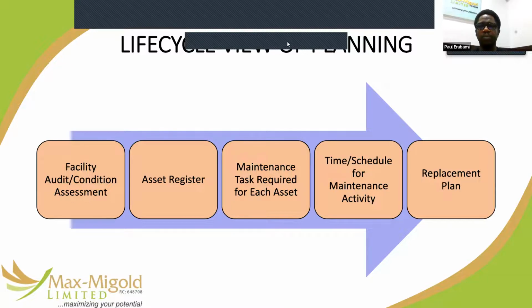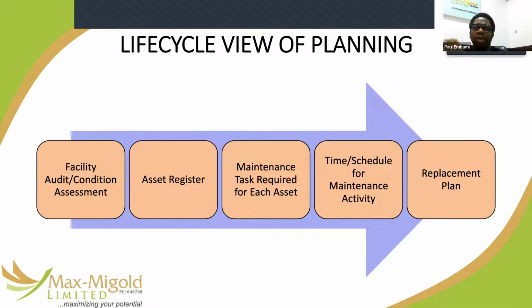Knowing fully well that if I maintain well, I could use the assets for their full useful life. If I maintain poorly, the assets will have reduced useful life, and then I'll have to do a replacement at some point, okay?